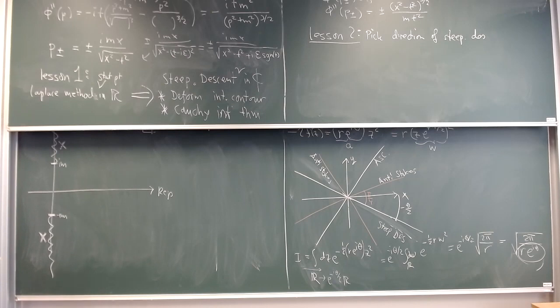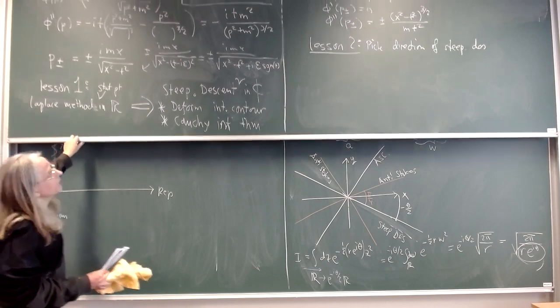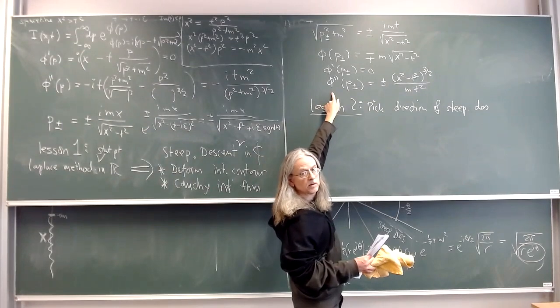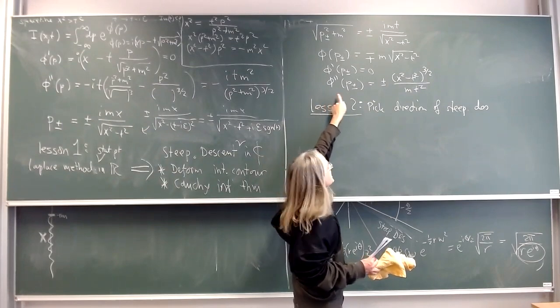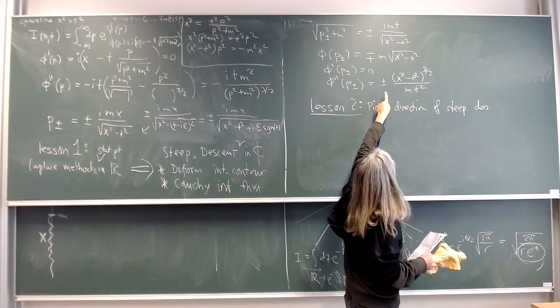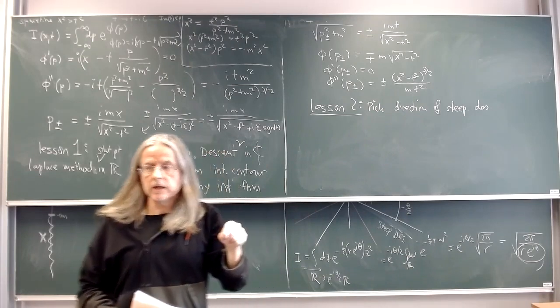So now, the naive first thing to do is to say, okay, what about the line of steepest descent? So now look at the expression for the Hessian over here. The Hessian here is plus for the positive sign and minus for the negative sign.